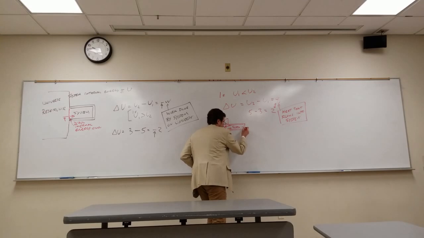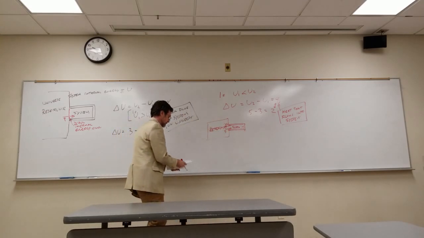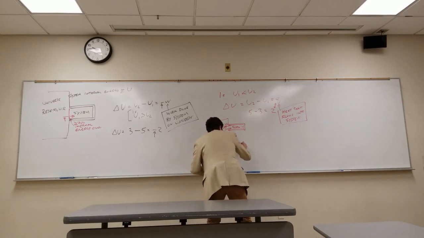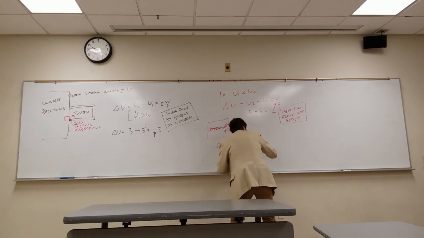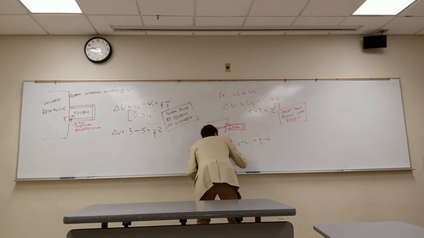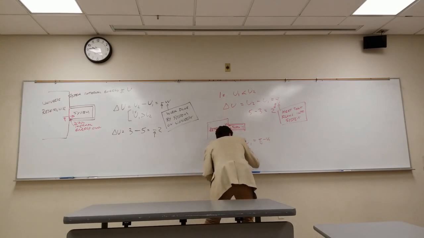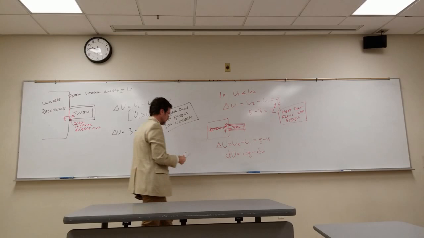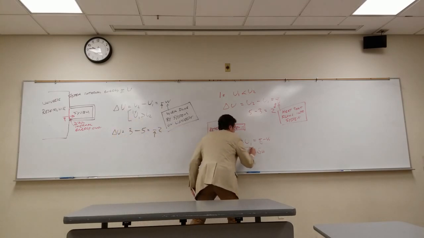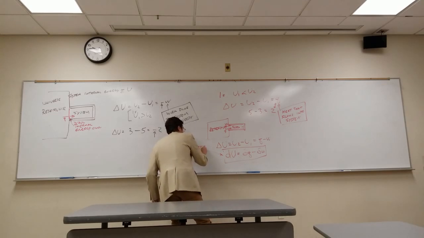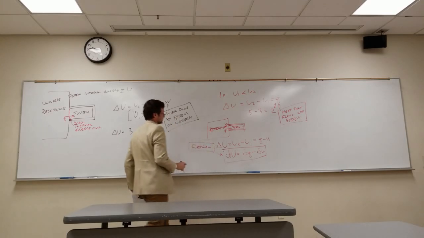And if you have this type of situation, then delta U, U2 minus U1 is equal to Q minus W. Or in infinitesimal form, dU is equal to dQ minus dW. So this expression is the first law of thermodynamics.